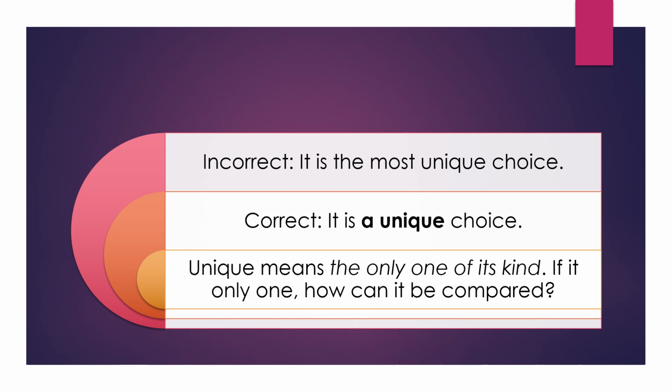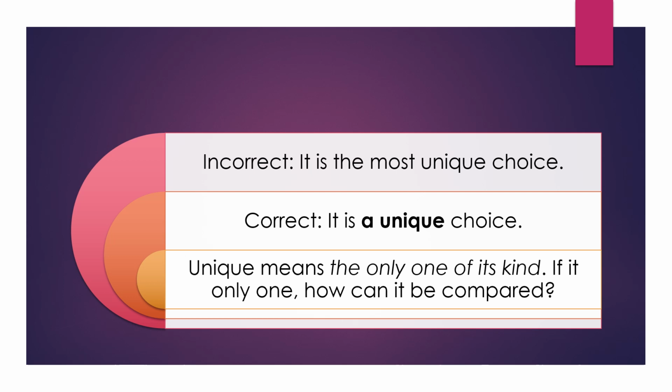Why? Because by default, if I talk of the word unique, it is the only one of a kind. Because it is the only one of a kind, you can't compare that thing with any other, because you don't have any other thing to compare it with, because comparison is always drawn between two things or among a lot of things.